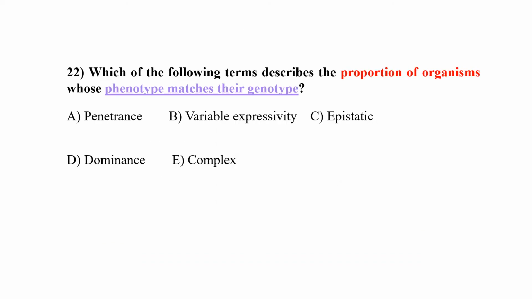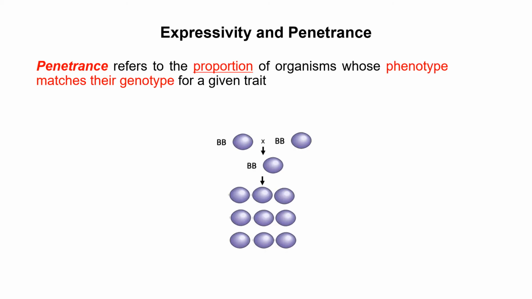Now question 22 was also something we talked about during the class. Which of the following terms describes the proportion of organisms whose phenotype matches the genotype? We talked about this in class. This is the definition of penetrance. We talked about expressivity and penetrance, and expressivity shows a gradient. Penetrance is when the phenotype matches the genotype.